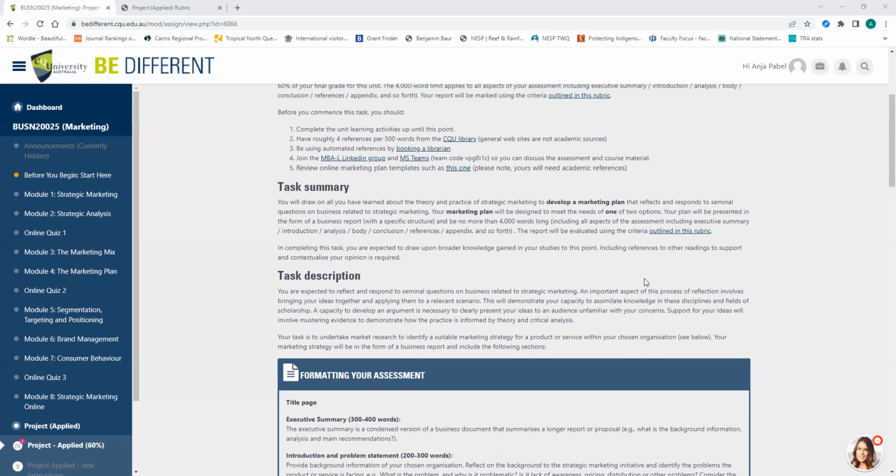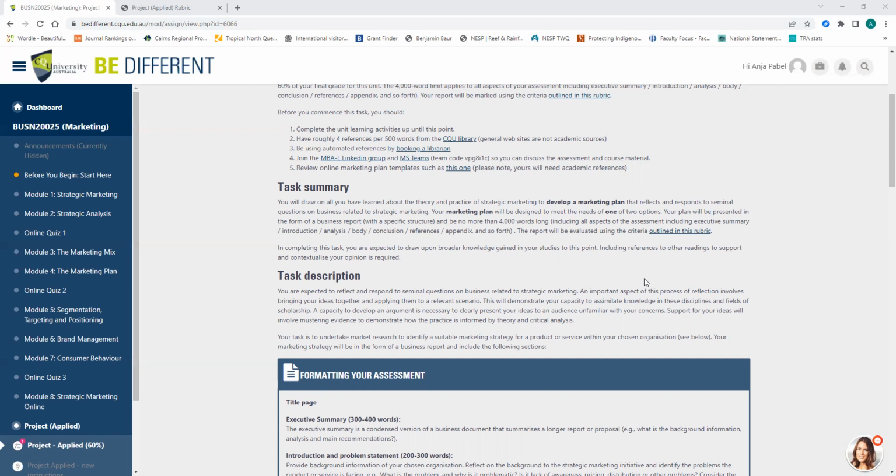So you need to demonstrate your capacity to assimilate knowledge and also the capacity to develop an argument that is necessary to clearly present your ideas to an audience that might be unfamiliar with whatever goes on in this particular report.